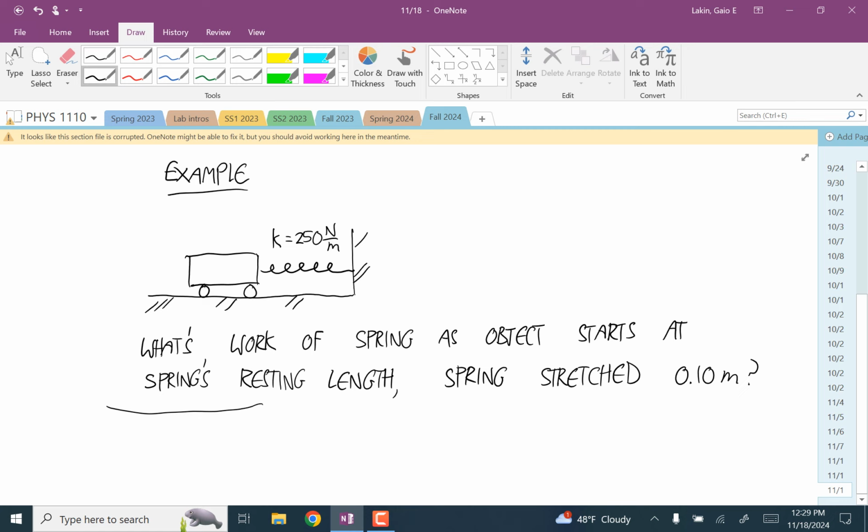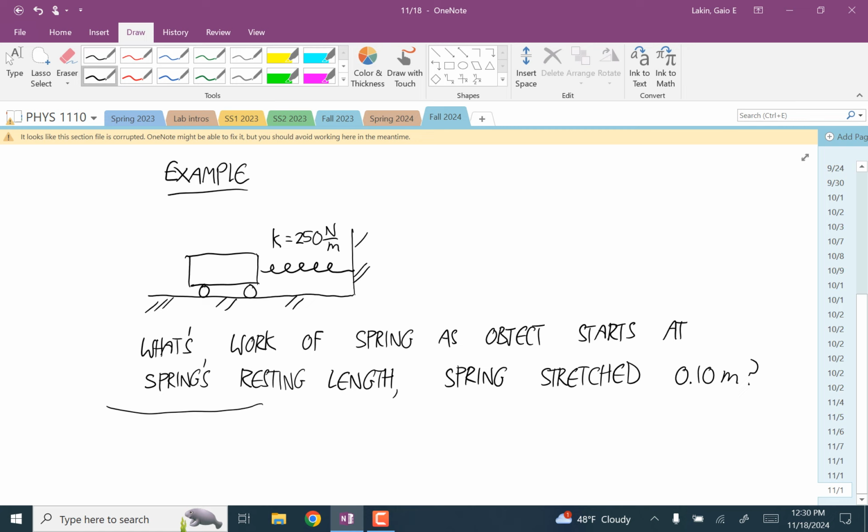Okay, well, as you pull this spring away from its resting length, that spring force is trying to pull it in the opposite direction, right? The spring is always trying to get itself back to its resting length. If you try to compress it, it'll push to try to get back.